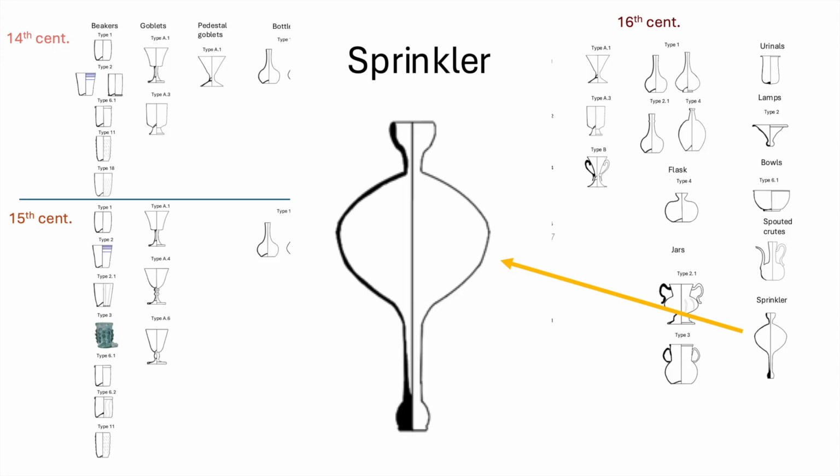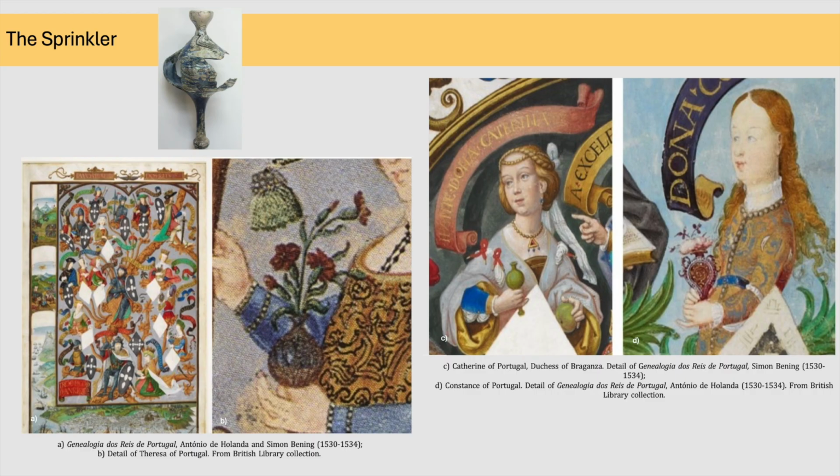After identifying the shape, we then go to the books, to the representations of the shape. And this was very, very important, because for the first time we were able to find this shape represented in a feminine world related to the Portuguese and the Spanish crown. It was found before in a representation of the Nativity of the Virgin.